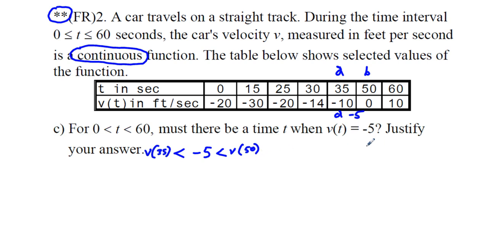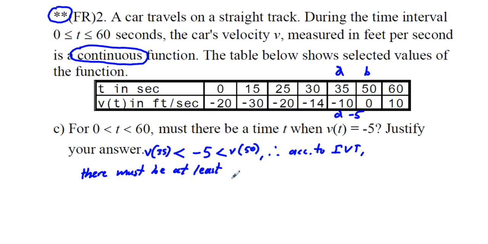And what does that mean? Well, therefore, according to IVT, there must be at least once that v of t has to be equal to negative 5. So that would be a proper articulation.